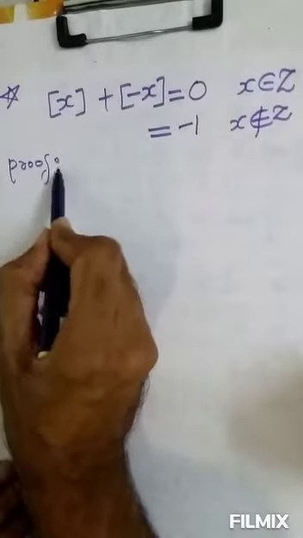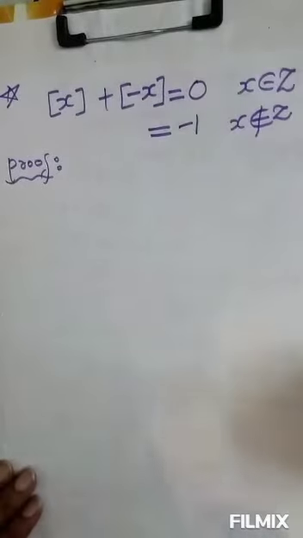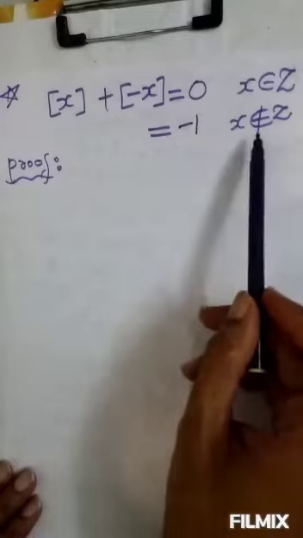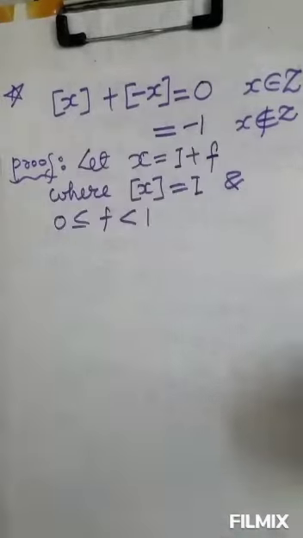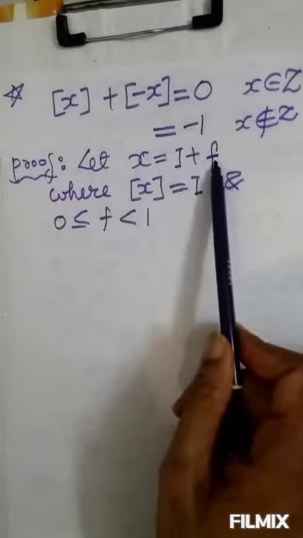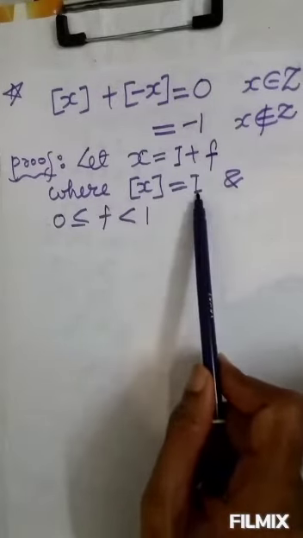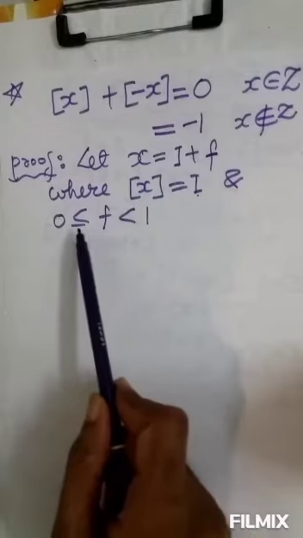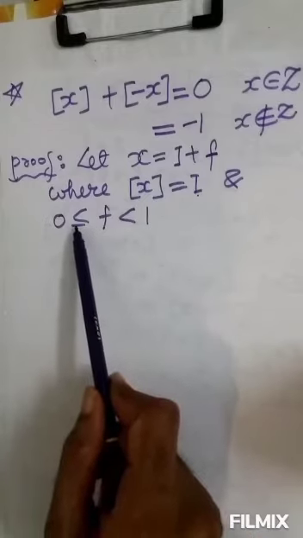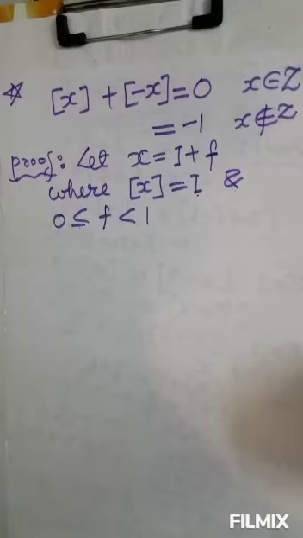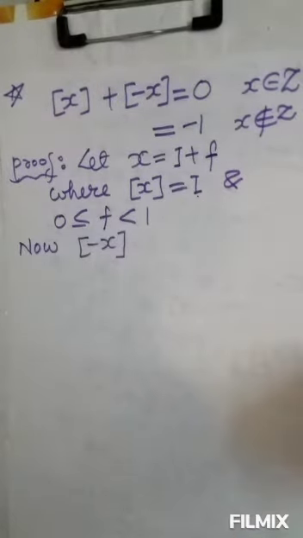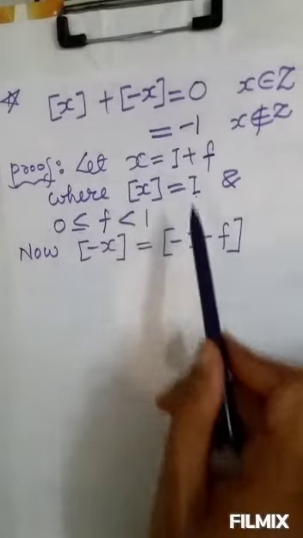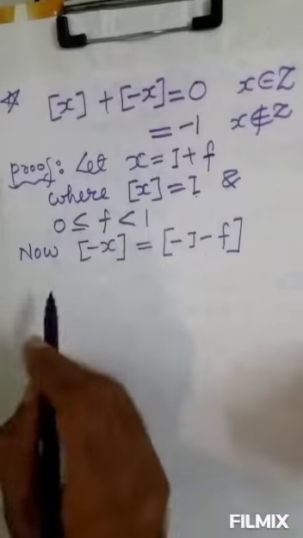The second one: greatest integer x plus greatest integer of minus x is equal to minus 1 when x is not an integer. Let's see. We will assume x is I plus f, where the greatest integral value is I, and obviously f is the fractional value of x, which lies between 0 and 1. What do we say about the greatest integral value of minus x? We can write x as I plus f, so it becomes minus I minus f.